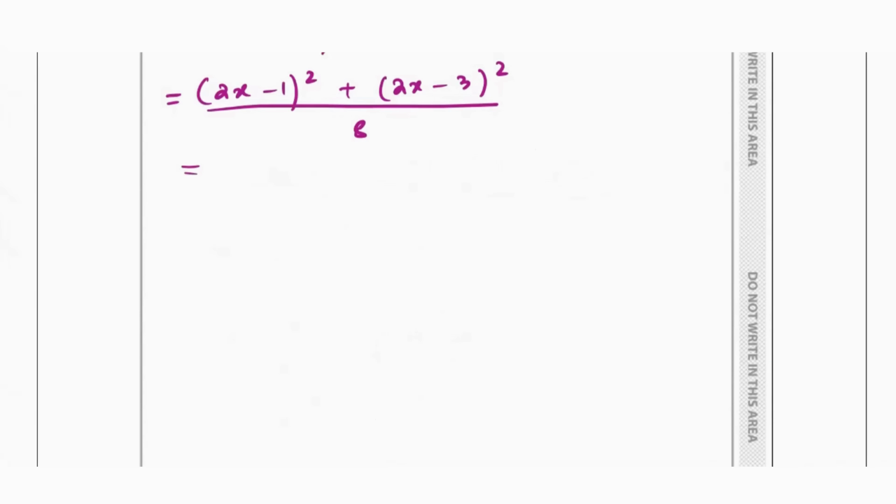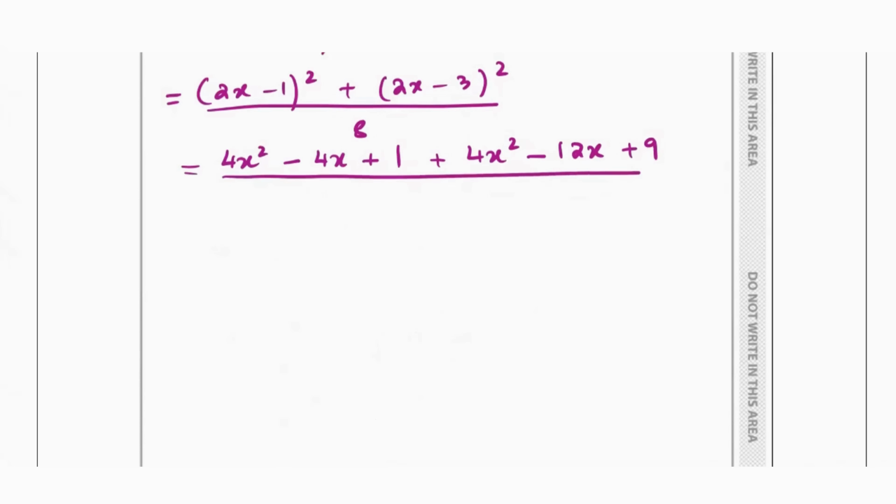To expand the brackets, it's going to be 4x squared minus 4x plus 1 plus 4x squared minus 12x plus 9, divided by 8. That gives 8x squared minus 16x plus 10 over 8.